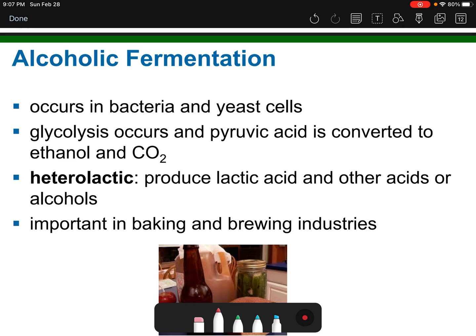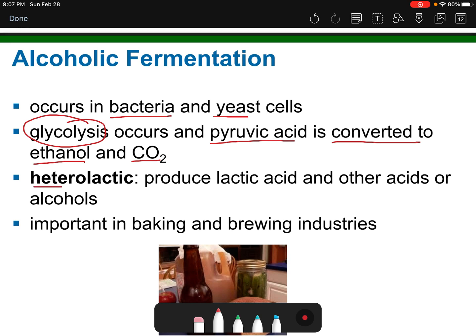Alcoholic fermentation is one of those types of fermentation and occurs in bacteria and yeast. What happens is we always have glycolysis first to break down the glucose into pyruvic acid, but then that gets converted to ethanol and carbon dioxide.